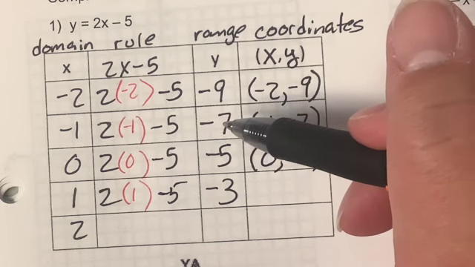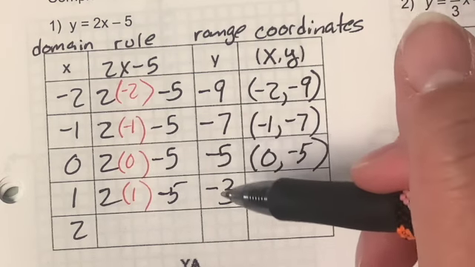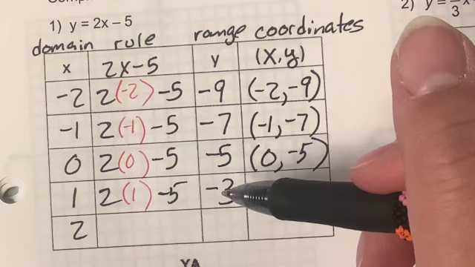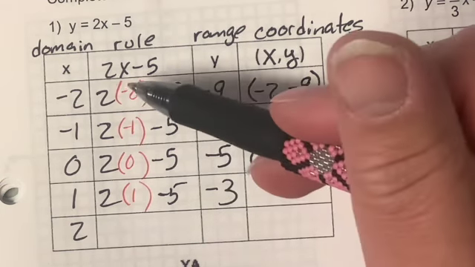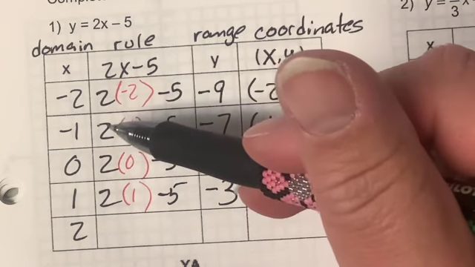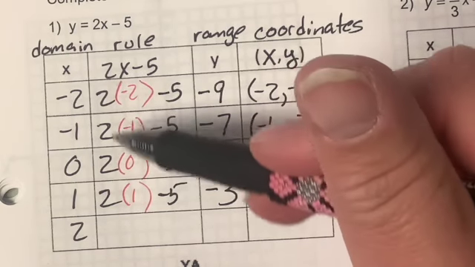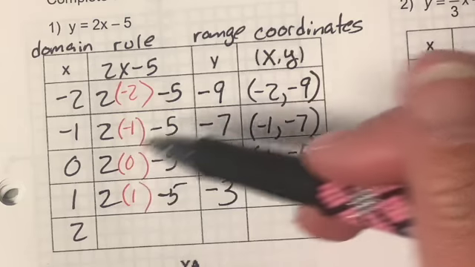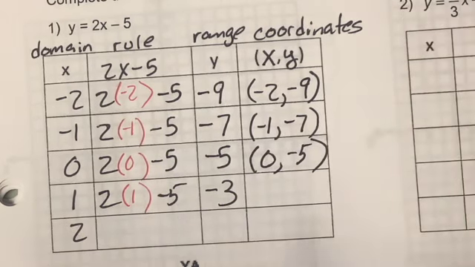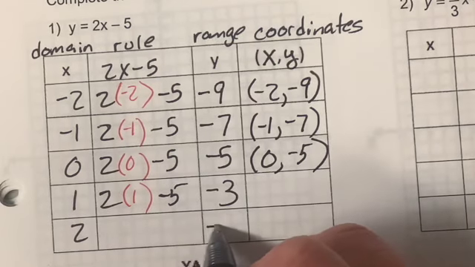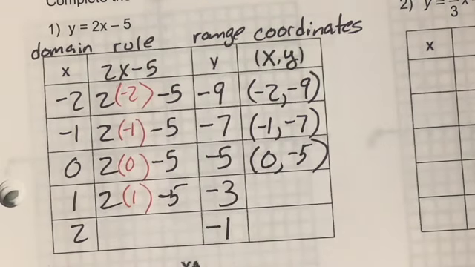-9, -7, -5, -3. Those are all going up by 2. And the reason they're going up by 2 is because of this 2. That's the number I'm multiplying by, so that's the number my y goes up by. So I actually know before I do anything, if I go up by 2, the answer here is going to be -1.